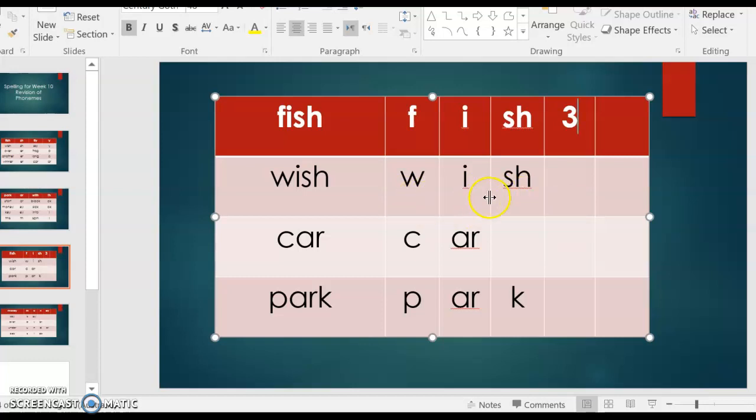And 3 phonemes in that word as well. Car. K, R. How many? 2. Park. Break it down. P, A, K. How many? 3. Okay.